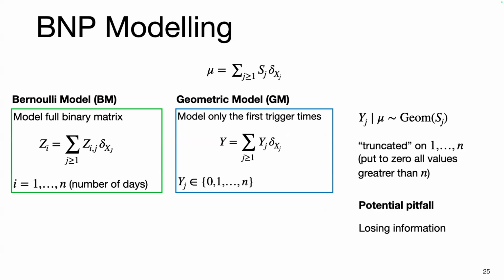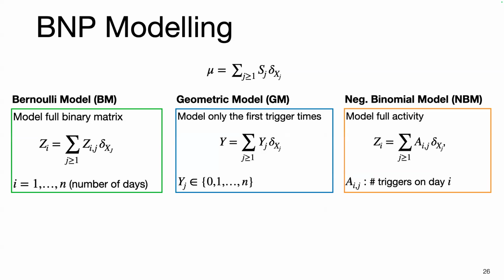Of course, the potential pitfall here is that we are losing a lot of information. If the assumption that the experiment days are conditionally i.i.d. holds, then here we are throwing away a lot of information. And in some cases, we don't have only information about whether a user is active or not, but we can also quantify the activity of a user in terms of how many times they are active that day.